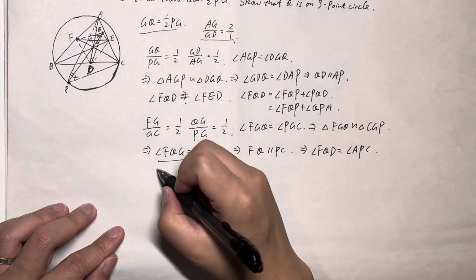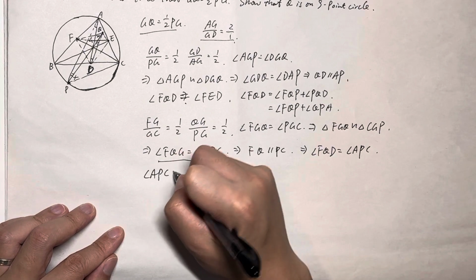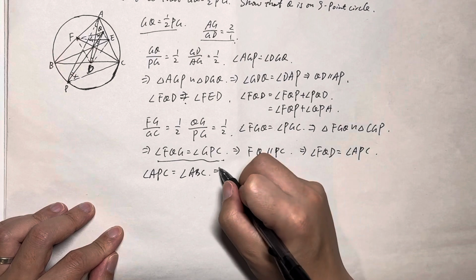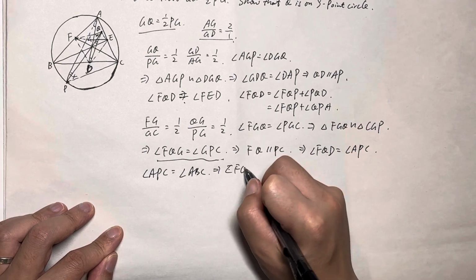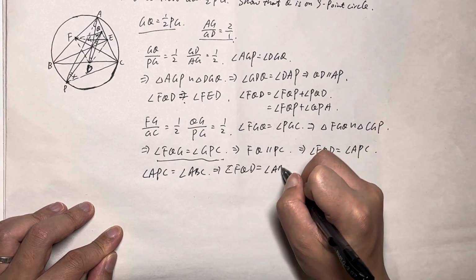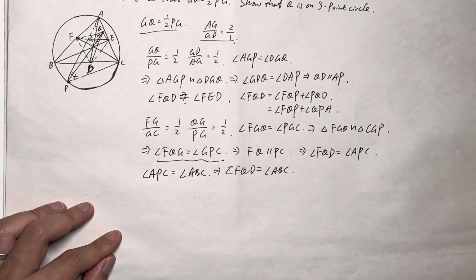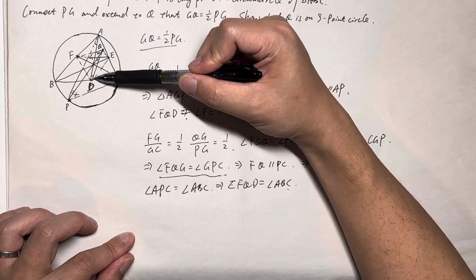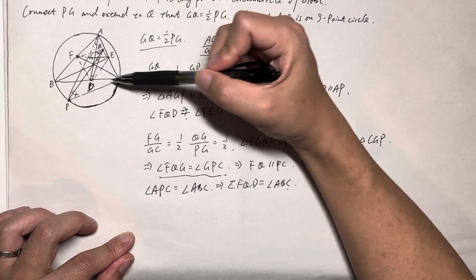And because angle APC equals angle ABC, we got angle FQD equals angle ABC.